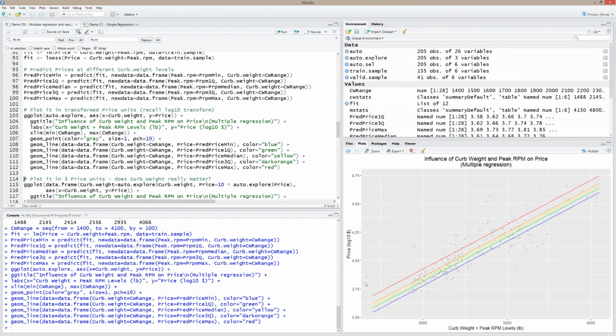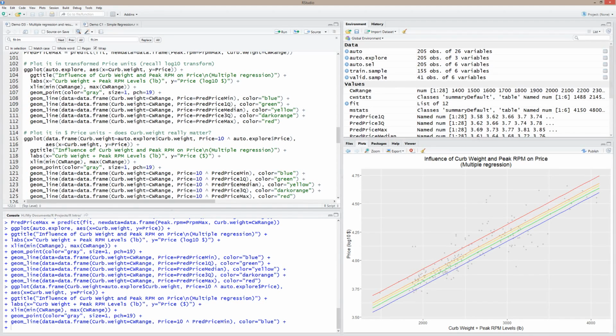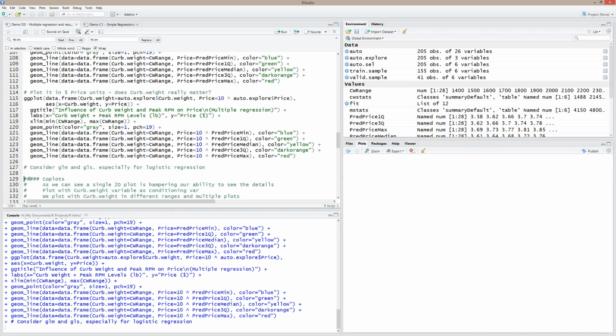Okay, let's fix one issue. As you can see, the y-axis has very small values. That's because at the very beginning I did a log transform of the price. So this is actually a logarithmic transformed set of variables. Let's fix it by producing the plot where we do inverse transformation of the price, and this is done across all values.